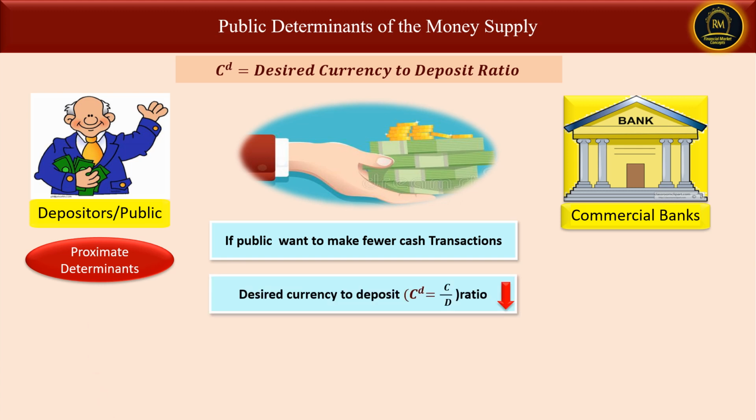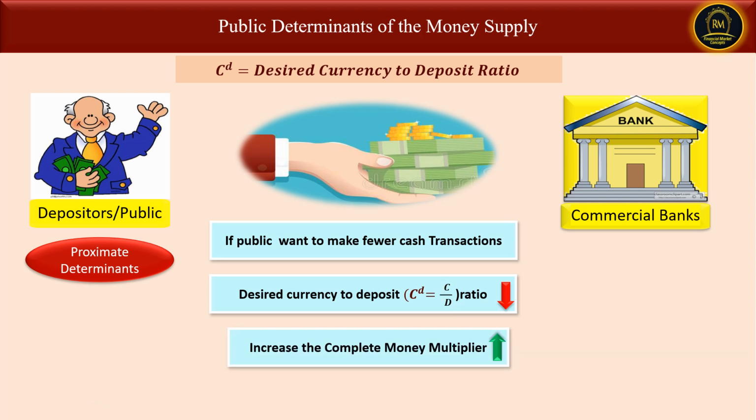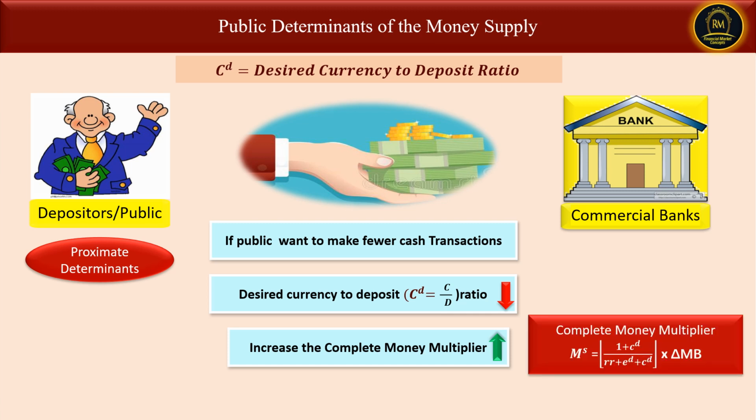Holding less cash in hand means the currency to deposit ratio is less. Less currency in hand means more deposits in bank, which will increase the complete money multiplier. So if the currency ratio is less, it is going to increase the value of this multiplier and therefore increase the money supply in the economy as a whole.